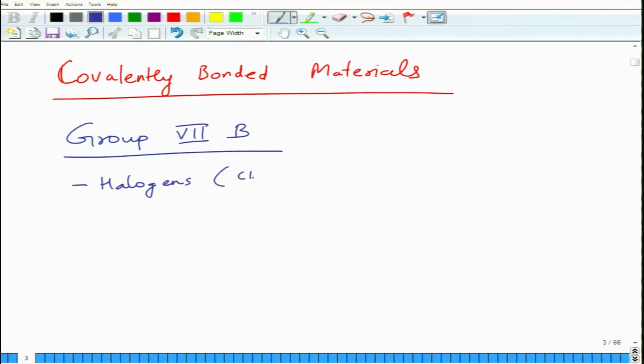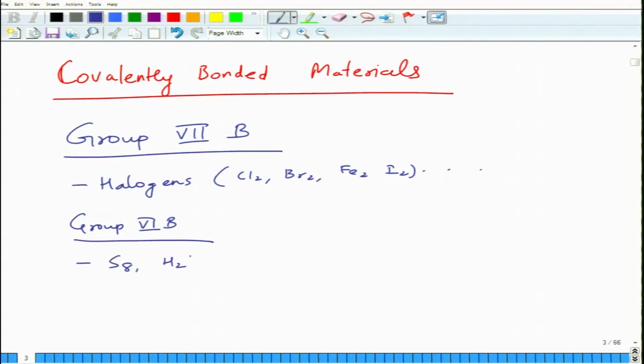So your Cl2, Br2, F2, I2 in solid state, they are covalently bonded and they make a particular crystal structure which is based on covalent bonding. Similarly, if you look at group 6b, 6b will have molecules like S8 or even H2O. So H2O will make, for example, a hexagonal ice crystal, right? So these are also covalently bonded materials.